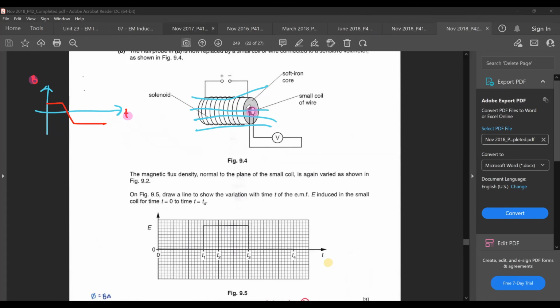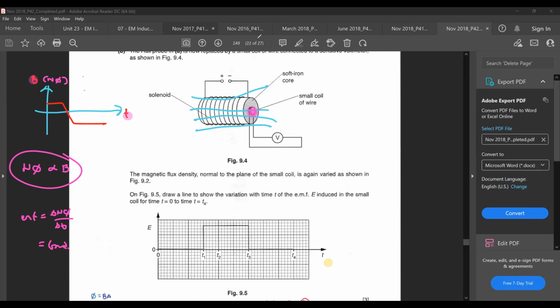Okay, so this magnetic field passes through coil C, you're going to have a flux linkage through coil C. So simplifying everything, we know that flux linkage will be proportional to B. So a graph of flux linkage versus time would also be the same shape. And then EMF is the rate of change of flux linkage, so on the graph versus time it is the gradient.